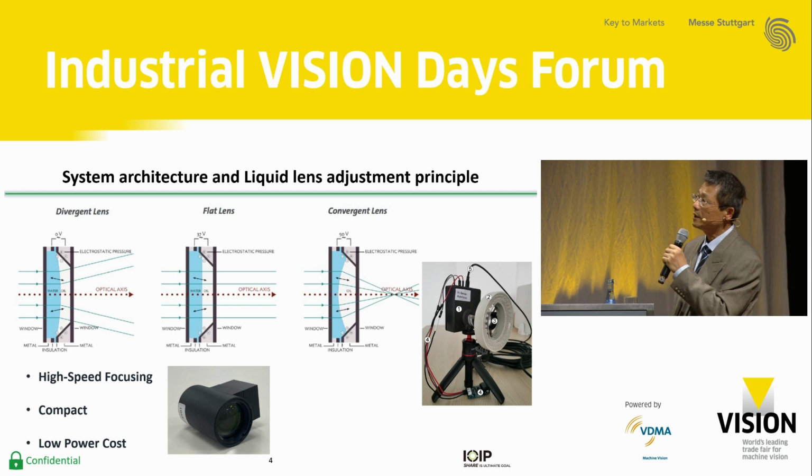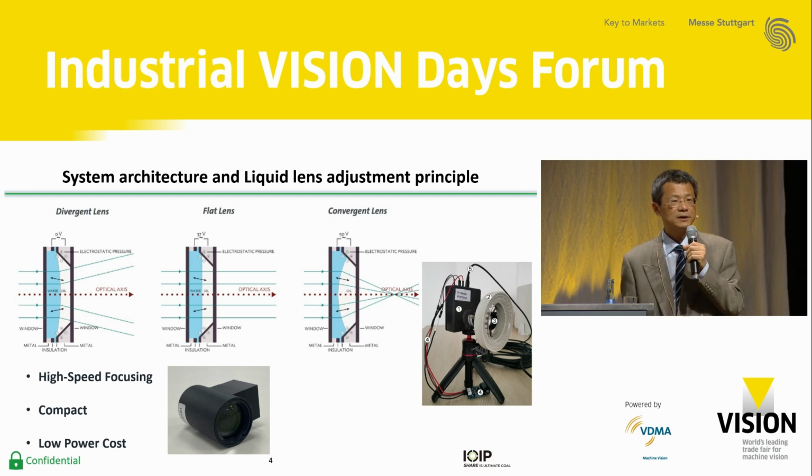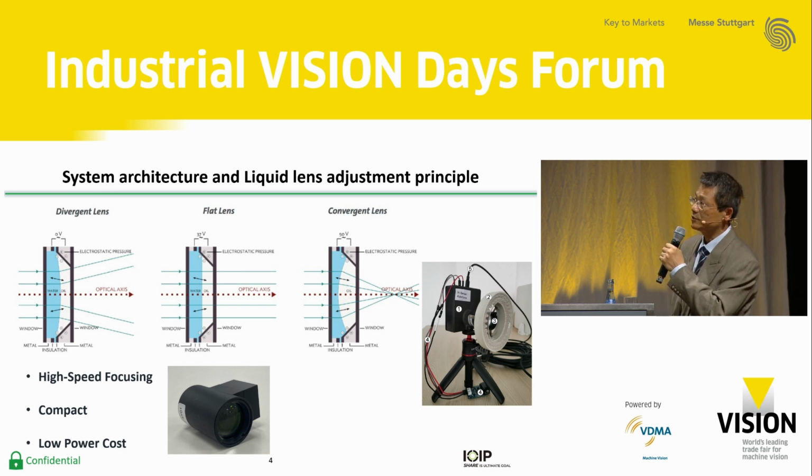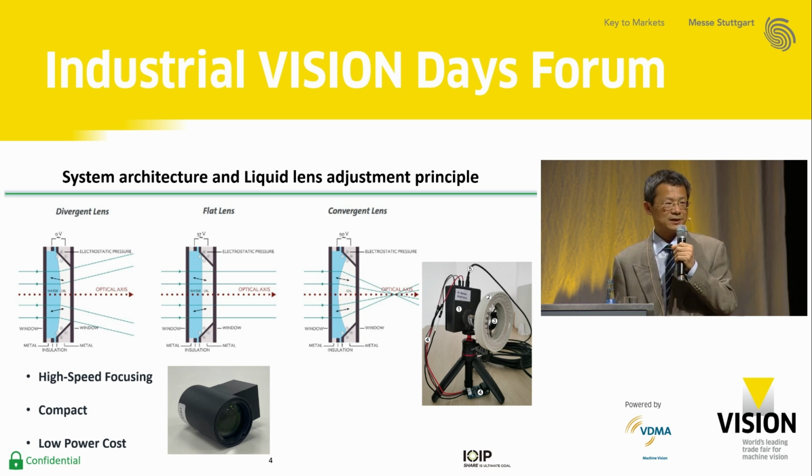As we know, water and oil will not really mix, so they form a surface. Because the refractive indexes of oil and water are different, we get two materials with different refractive indexes, and in between there is always a surface.